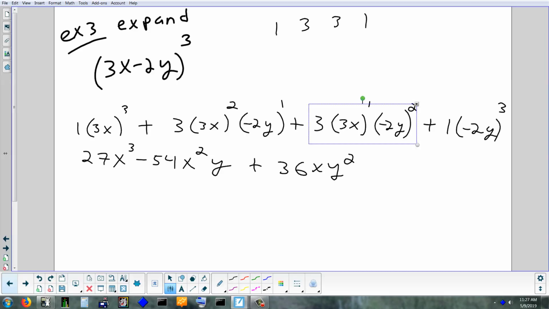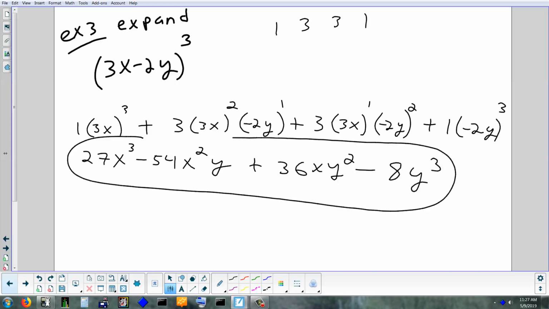Okay, so 36xy squared. And the last one, well, plus, minus, plus, minus. What's negative 2 cubed? Already got my negative right there. And we have to cube the y. Okay, so that's how you do that one. Any questions on that one?